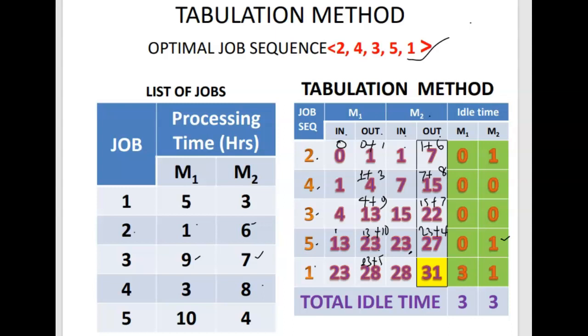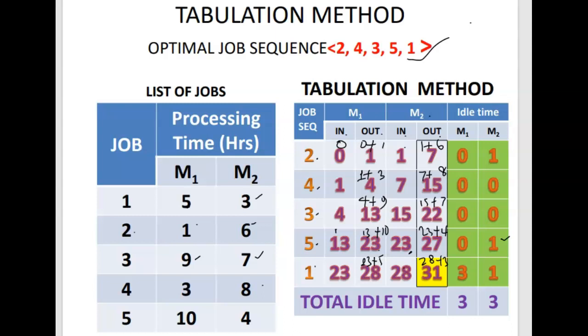It will not enter at the 27th hour, because it's going to enter at the 28th hour. Job 1 will spend 3 hours in machine 2. So it will be 28 plus 3. This gives us 31.